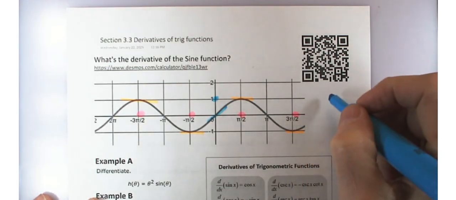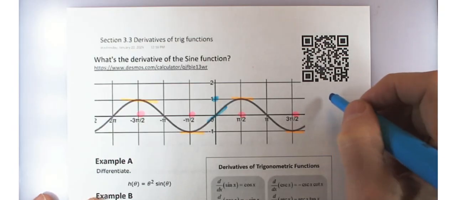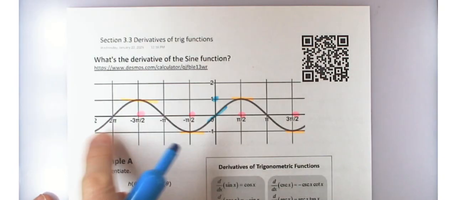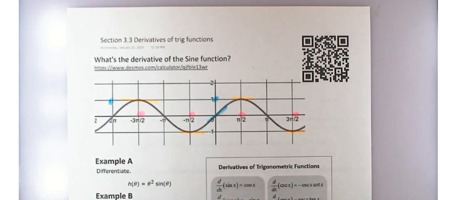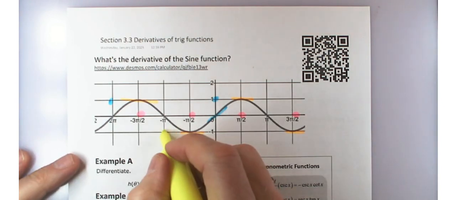Although 2 pi is a little bit beyond our graph, but yeah, 2 pi. Negative 2 pi would be another one. Good. Pi and -pi. What's happening at pi and negative pi? Are we getting a slope of 1 or something different? Slope of -1. So -1 here.